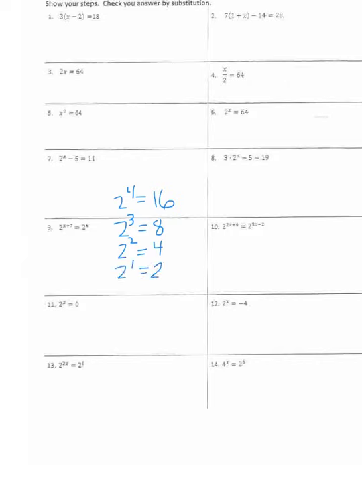So you notice a pattern from 16 to 8, from 8 to 4, from 4 to 2. In each case, it's going down by dividing by 2. So if we do 2 to the 0, that would give us 1, right? 16 divided by 2 is 8, 8 divided by 2 is 4, 4 divided by 2 is 2, 2 divided by 2 is 1, and you keep going. 1 divided by 2 is 1/2, that would be 2 to the -1, and so on.